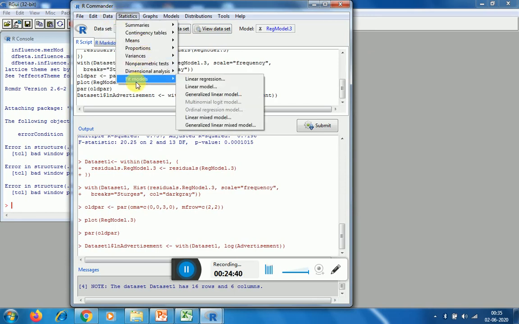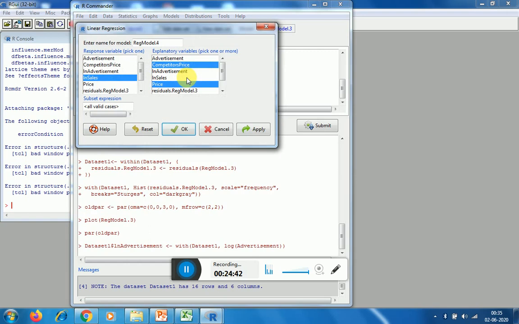I think this variable is there, LN advertisement. So now we take this value as it is, then I take ln advertisement, and then price and competitors price.